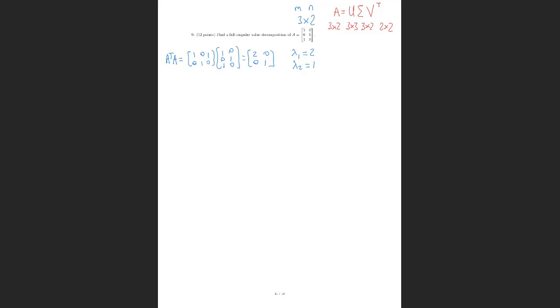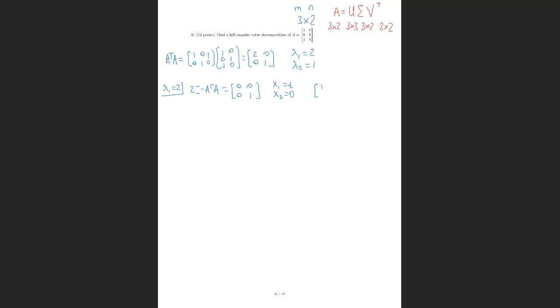So let's see here, when lambda 1 is 2. So if I look at 2I minus A transpose A, that's just going to be 0, 0, 0, and 1. So that leaves me with 0x1 plus 1x2 is 0. So x2 is 0, but x1 will be free.